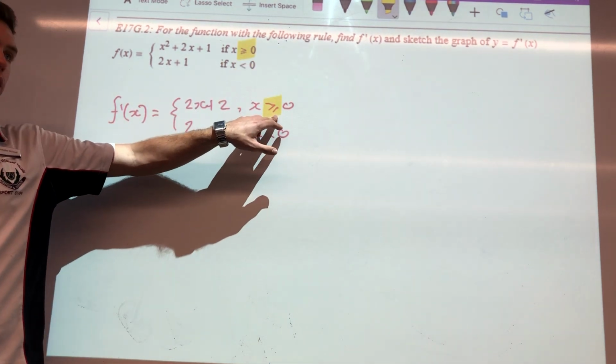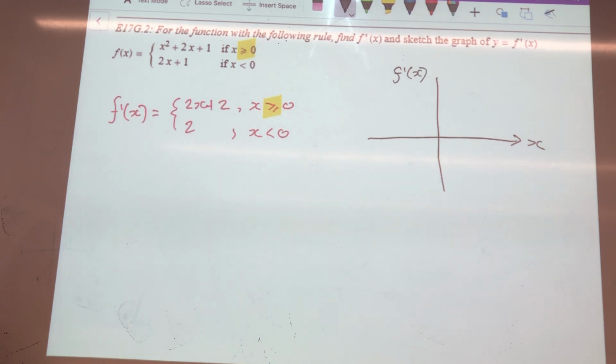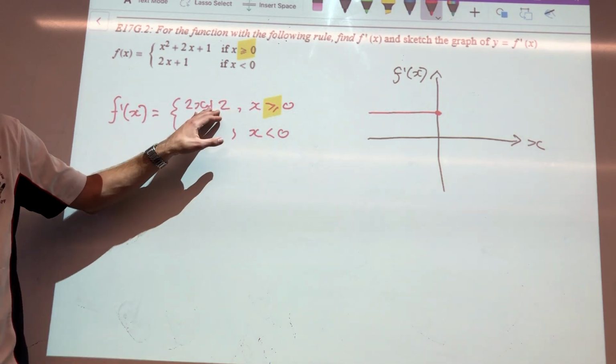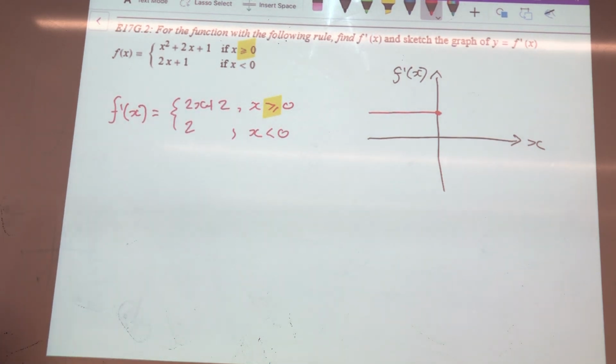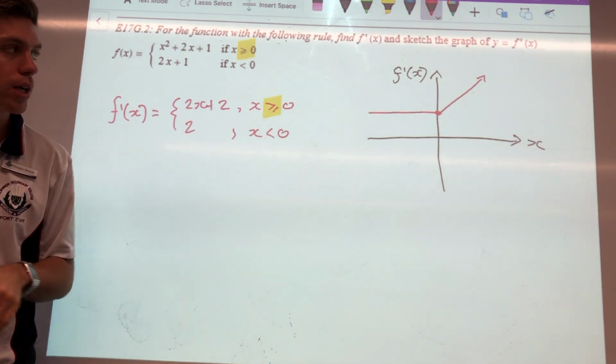So I'll outline that once again, because that's the trickiest part of this aspect. We've got our graph, once again, of x and f dash of x. So for x values that are less than 0, we have 2, and then going up with a gradient of 2, including our y-intercept of 2 here.